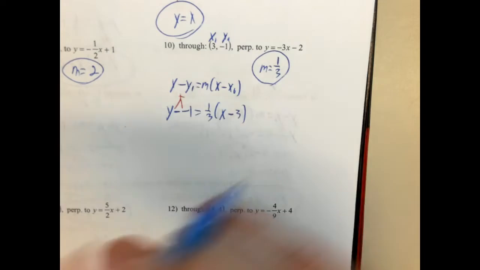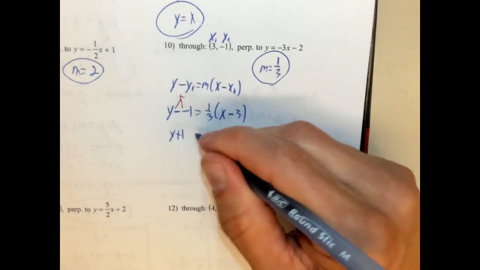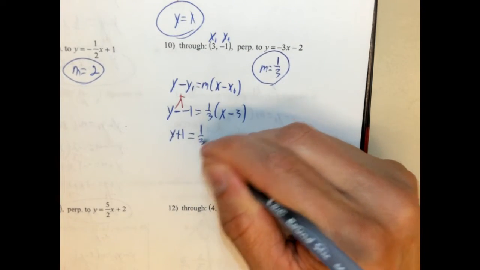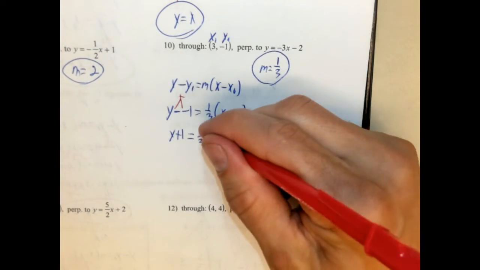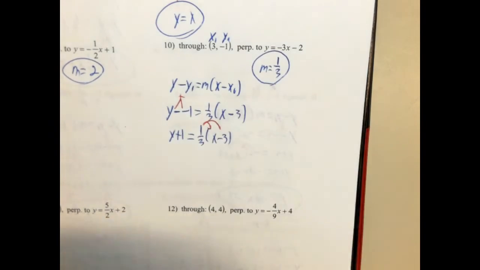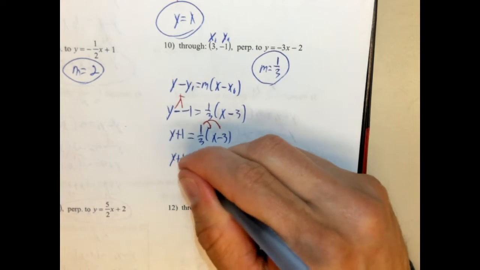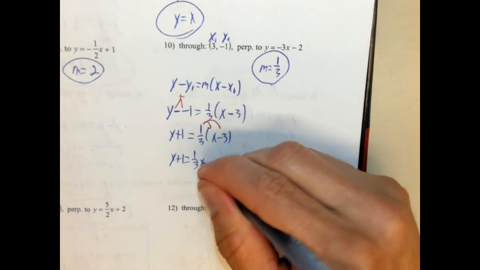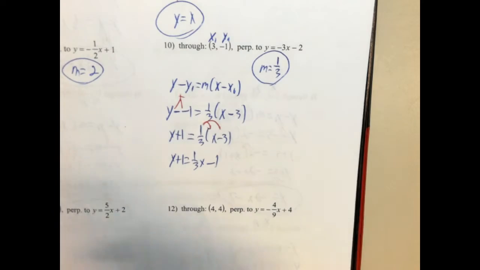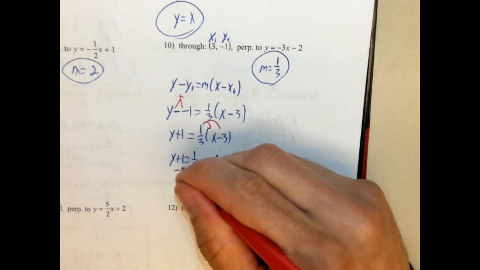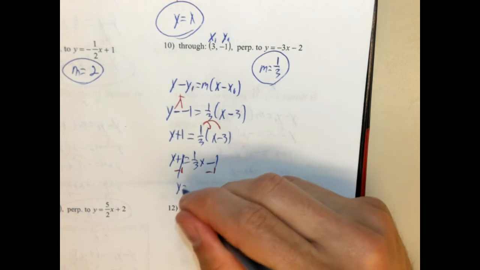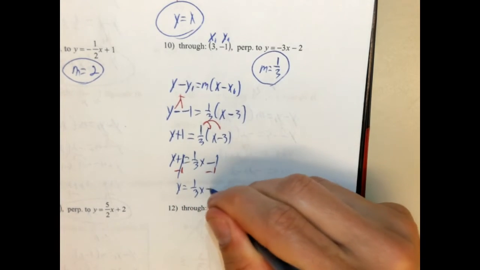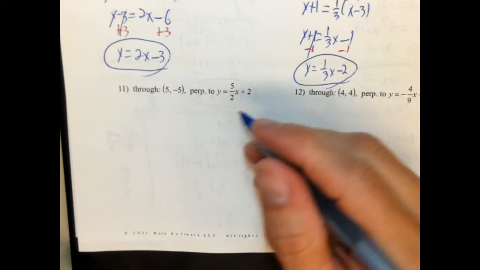Okay, so we have y plus 1 equals 1/3 times x minus 3. We're going to distribute that 1/3. So y plus 1 equals 1/3 x, and then 1/3 times negative 3 is negative 1. All right, we're almost there. Let's subtract 1 from both sides. So y equals 1/3 x minus 2. There we go.